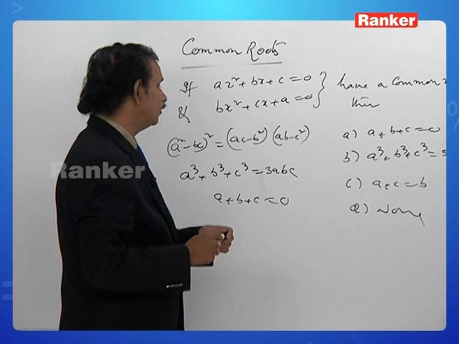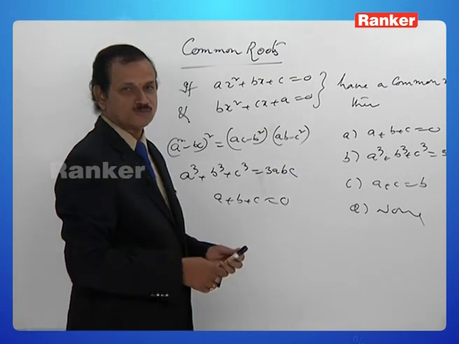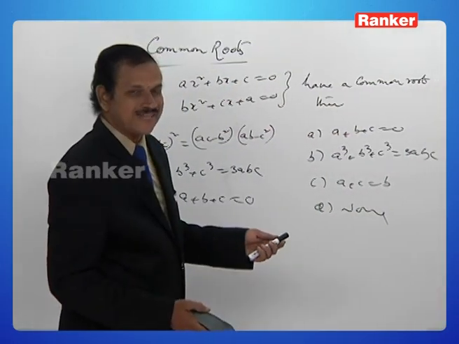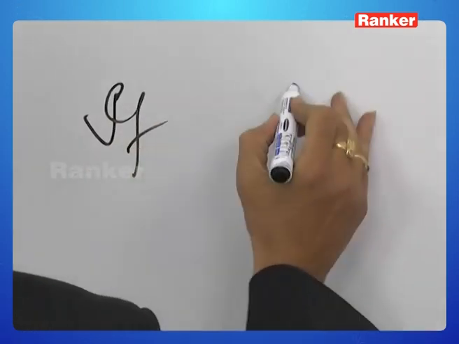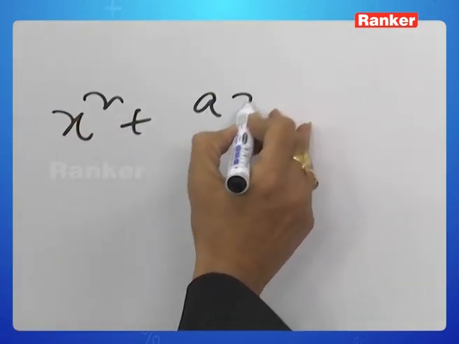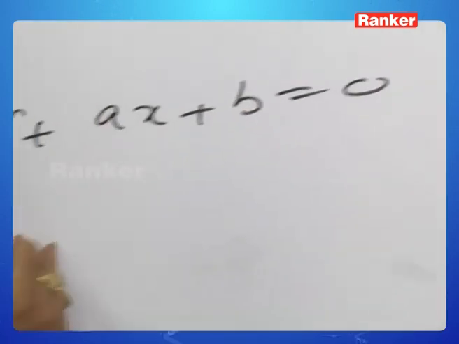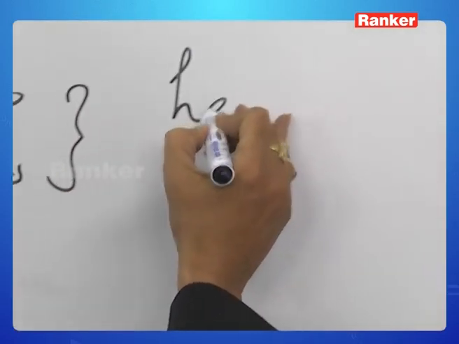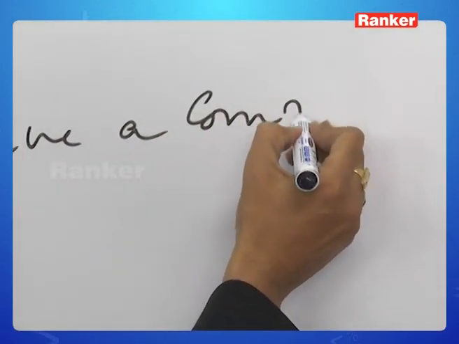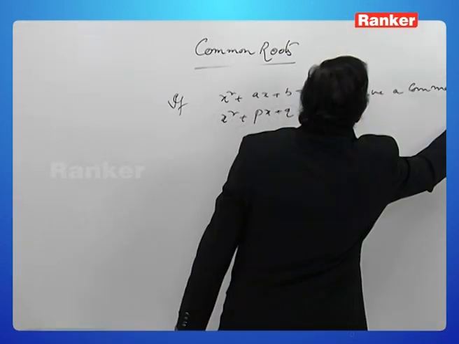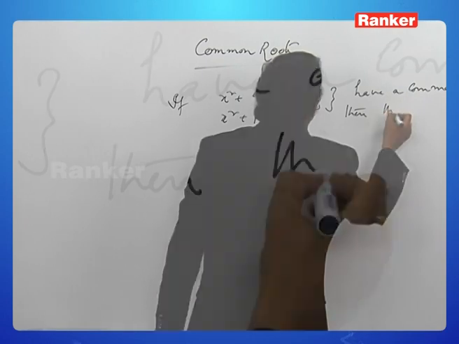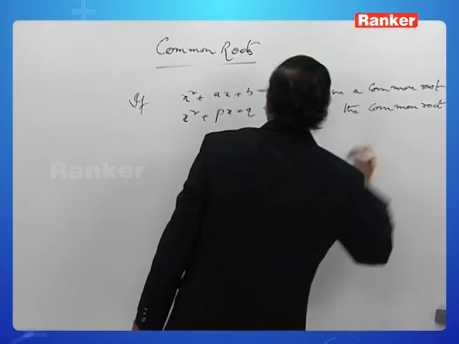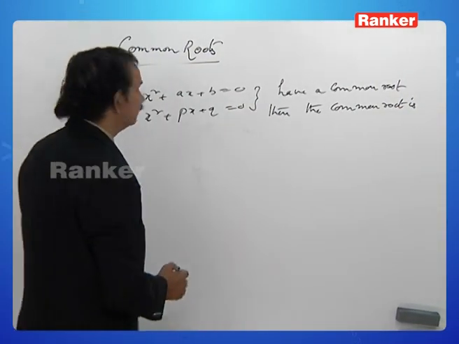A plus b plus c is equal to 0. Therefore, that is the condition. First condition and second condition both are correct. This is a multiple answer type question. If x square plus ax plus b is equal to 0 and x square plus px plus q is equal to 0 have a common root, then the common root is, some options will be given.